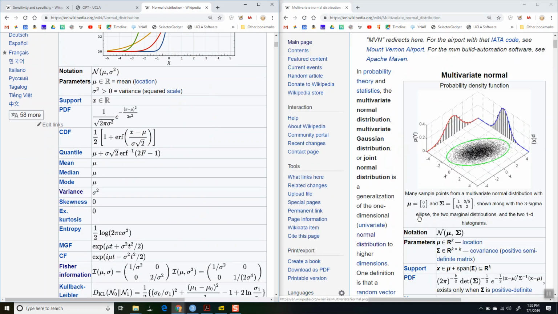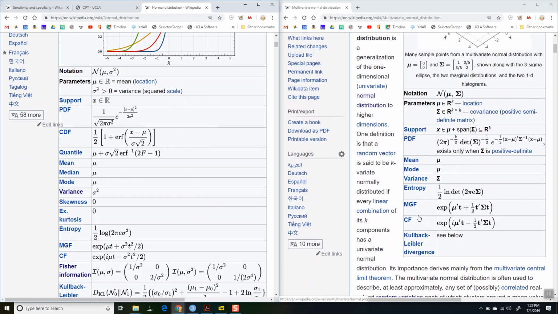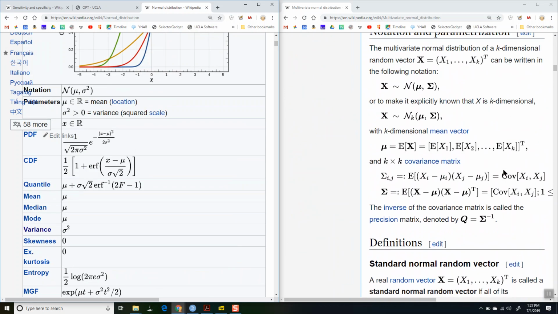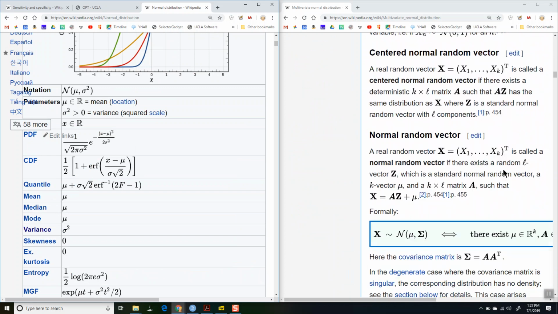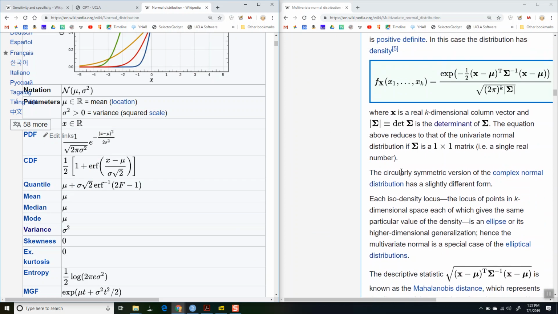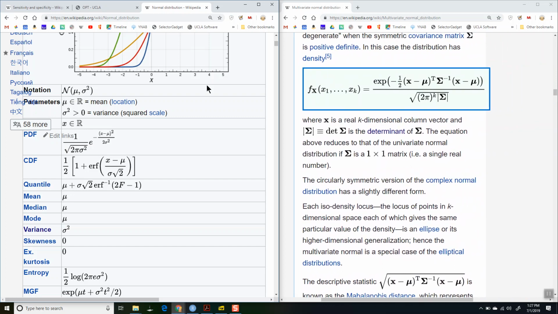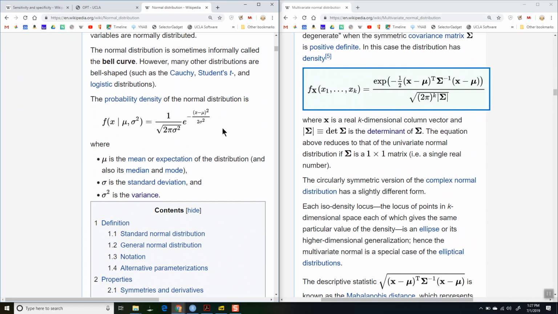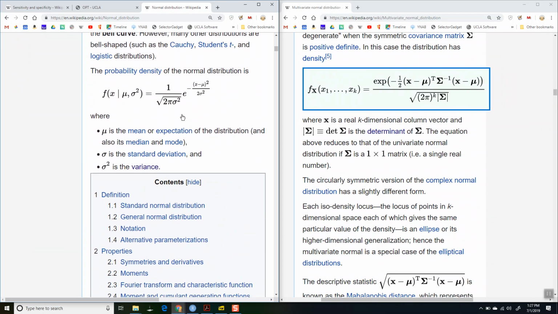I just want to show it's like the exact same thing. Okay, so here we have the PDF of the normal, and this is the PDF of the multivariate normal, okay?